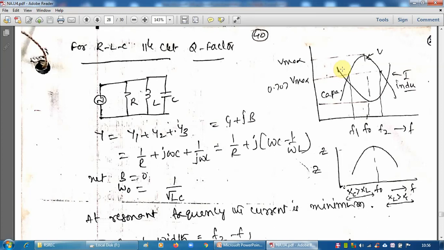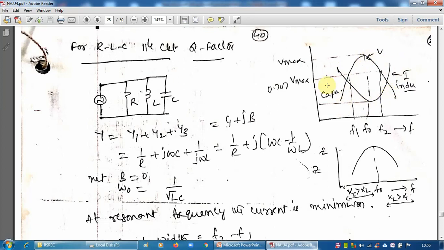In general, resonance circuit means series resonance. Major applications are for the series circuit. Here the situation is anti to that of the series circuit. Therefore, this parallel circuit may be known as an anti-resonant circuit, because the current is like this, anti to that of the series circuit.